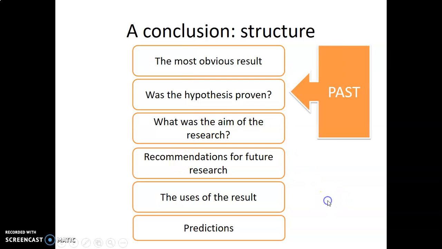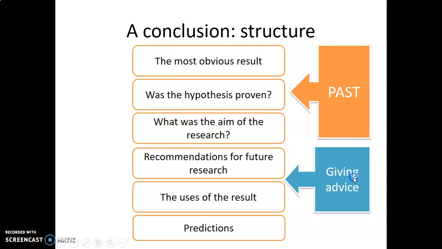Okay. So the first three parts, they are written in the past. Yeah, the results showed that blah blah blah, which proved the hypothesis. The aim of the research was blah blah blah.